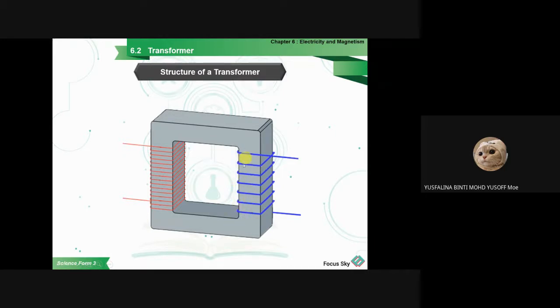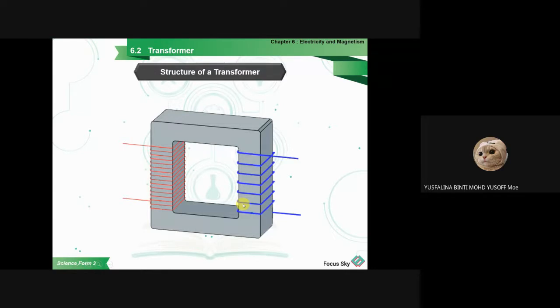So on the secondary coil here, that will produce the induced EMF, because the coil is cutting the lines of the magnetic field. When you cut the magnetic field lines, it will produce the induced EMF.